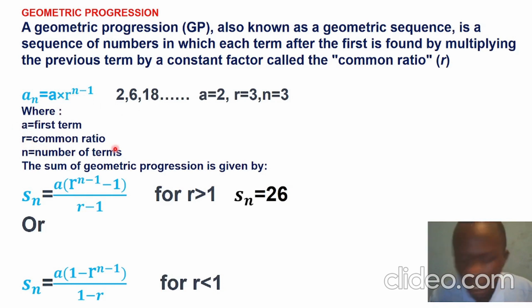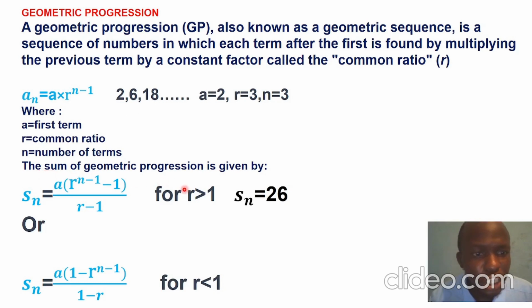Now let us go to the geometric series. Before we even look at the formula, it's very important that we look at how this can be added manually. 2 plus 6 is 8. 8 plus 18 is 26.